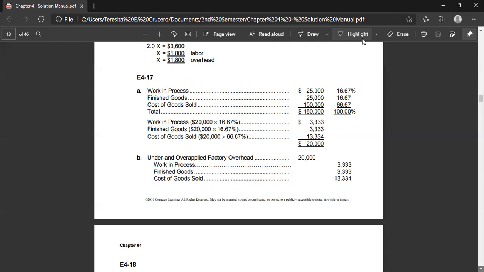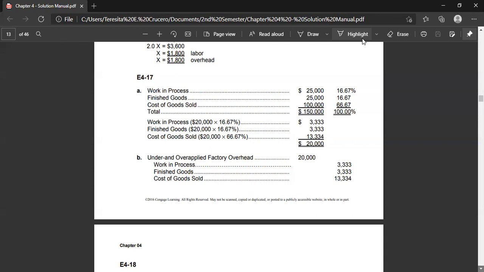Since the credit balance in the account unearned over applied factory overhead is a positive variance, it means that the applied exceeds the actual. So once the applied exceeds the actual, the variance will be a credit, and that is favorable. So if the variance is a credit, then you have to debit it in order to close it and credit the three accounts to the extent that that variance is material.